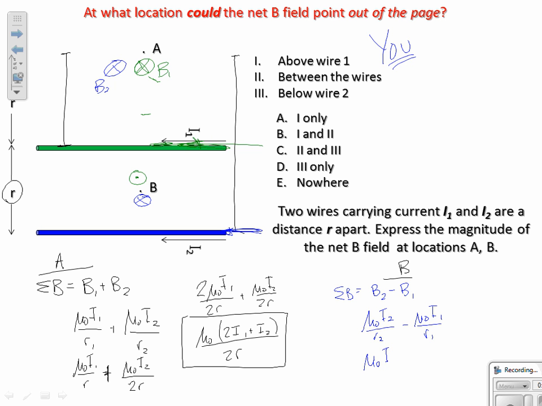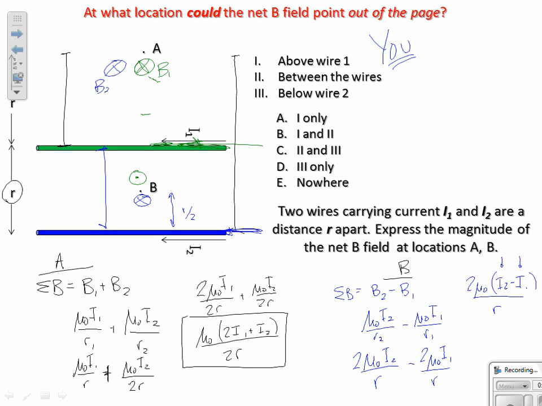Mu naught I2. Well, R2 is, notice, these are separated by R. This distance is R over 2. So if this is divided by R over 2, then we end up with that, minus 2 mu naught I1 over R. So that turns into 2 mu naught times I2 minus I1 over R. And if these two currents are the same current, of course, the net field in the middle of them is going to be nothing.